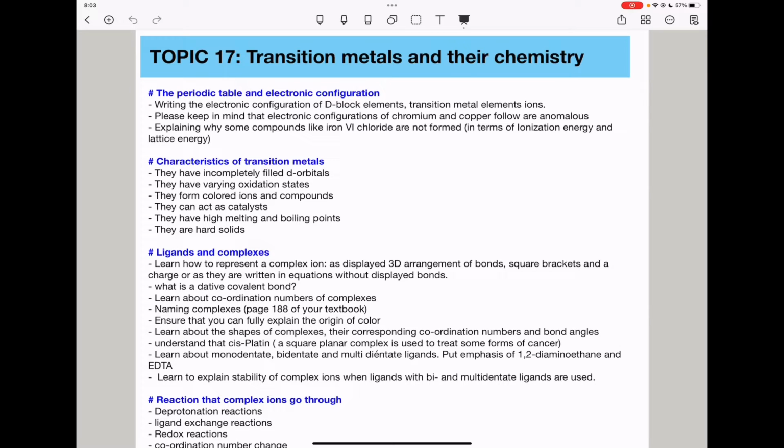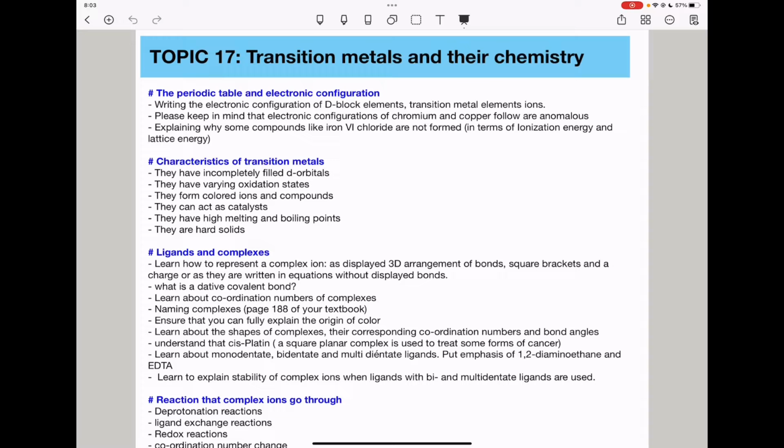They could ask you about the periodic table and electronic configuration of D block elements as well as transition metal ions. Please ensure that you keep in mind the electronic configuration of chromium as well as copper may be anomalous. You need to know to explain why some compounds like iron(VI) chloride are not formed. To form a specific ionic compound, ionization has to occur.